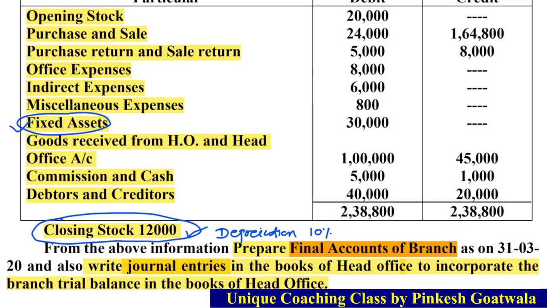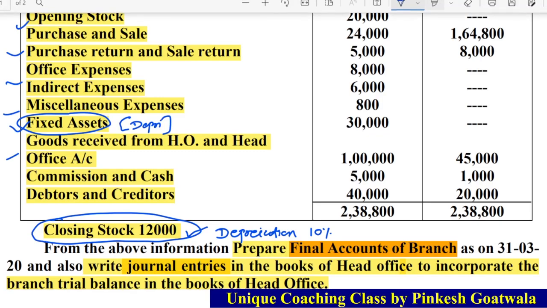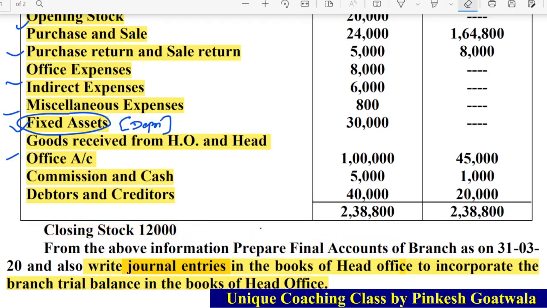Then we will note briefly that it was connected, and consider it when we give the entry. So we have to check all the adjustments, whether any adjustment is related to any balance. But here there is no adjustment related to any balance.